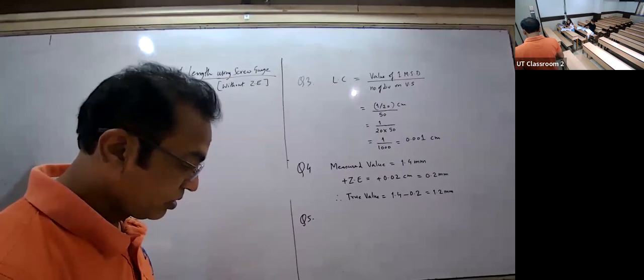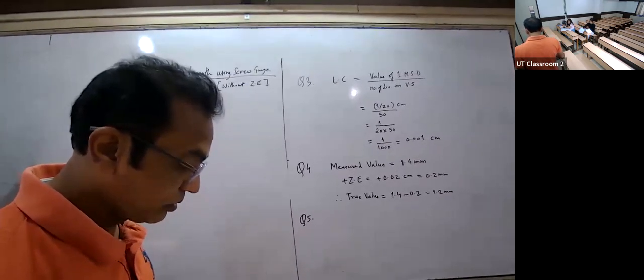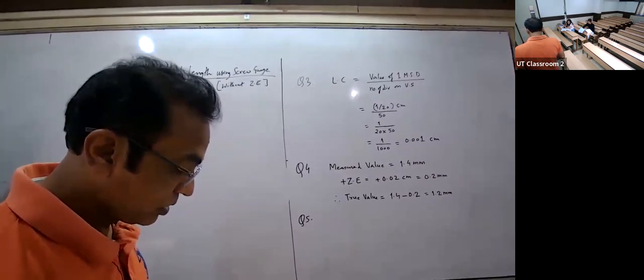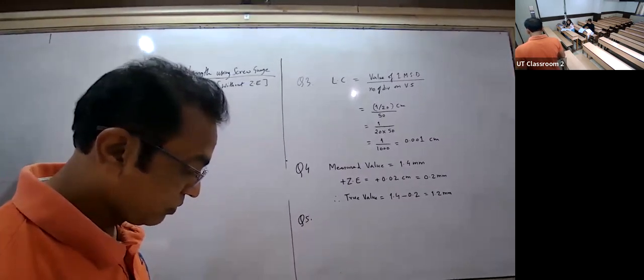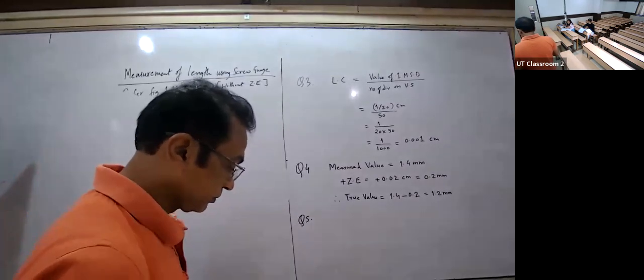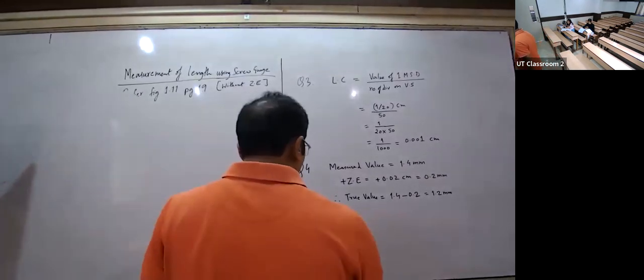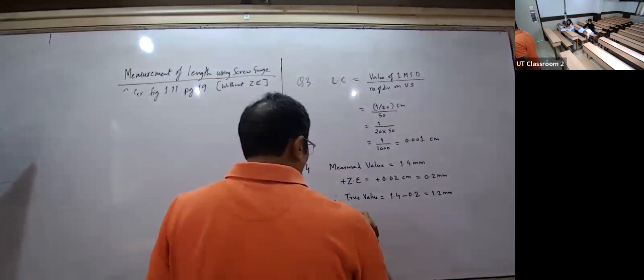Its main scale is graduated in millimeter and has 10 divisions on its vernier scale. Okay, so same thing. So find the least count first. So LC is how much? 1 millimeter.